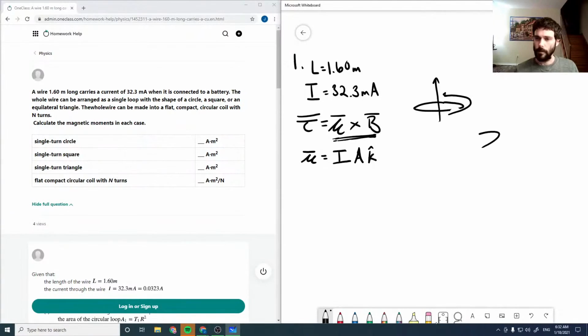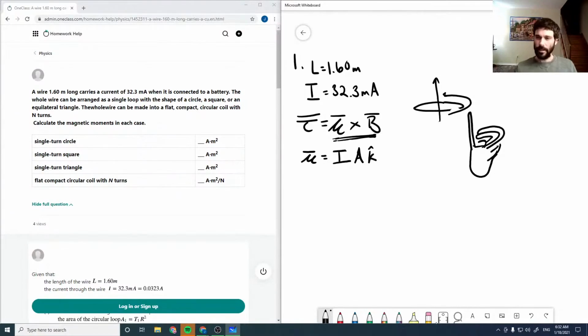Fingers curl around, and then my thumb would point in the direction of the magnetic moment.